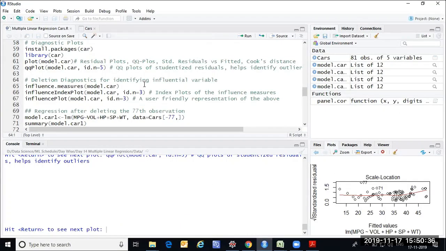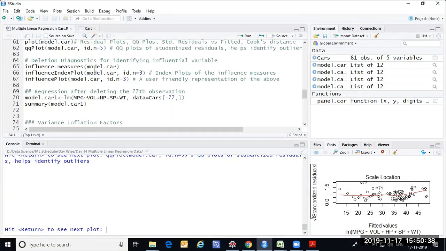Now, to understand whether I have any observations that are influencing my overall prediction, there's something called the influence index plot. I'm running this influence index plot on the model.car.